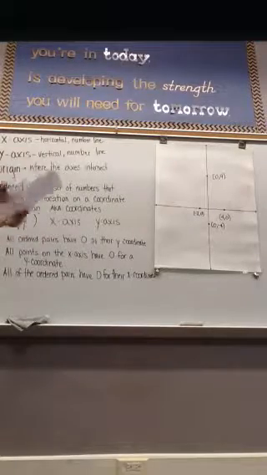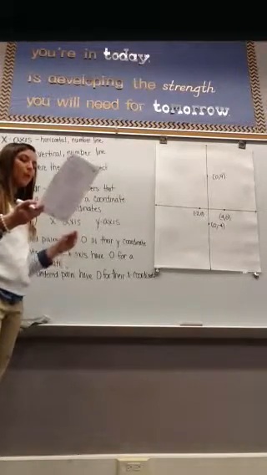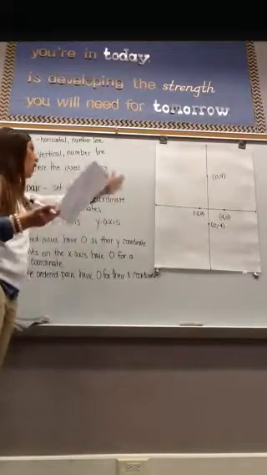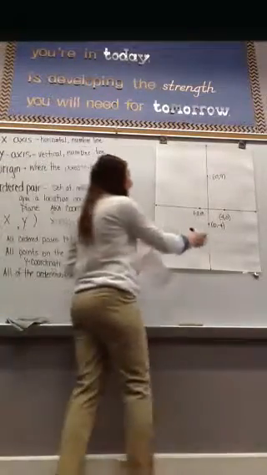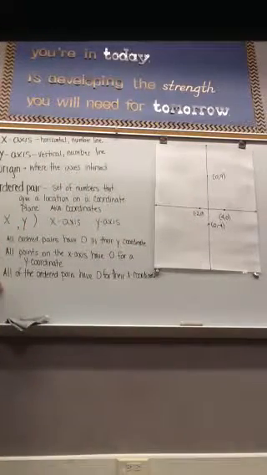So to C, asking again for the rule. What must be true about any point that lies on the y-axis? So for every point on the y-axis, what is the rule?